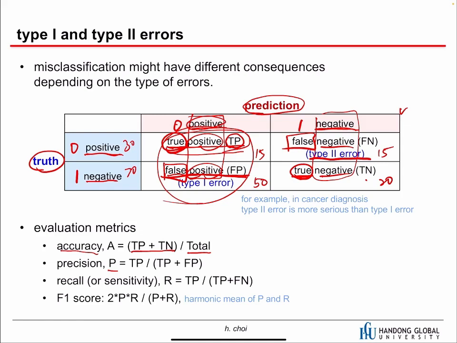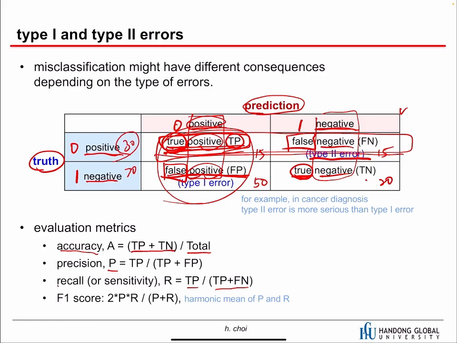And the recall is kind of the opposite of this one. Recall is TP over TP plus FN. So this one is the numerator and this one is the denominator. Okay. So it says among these positive samples, how many samples the model says it is positive.